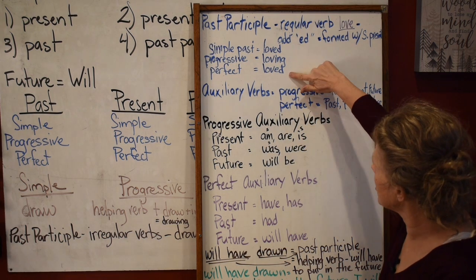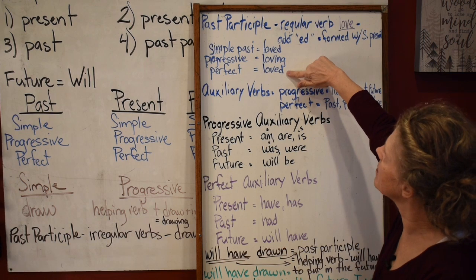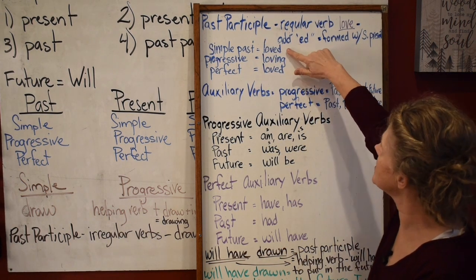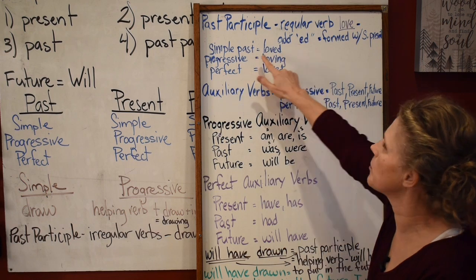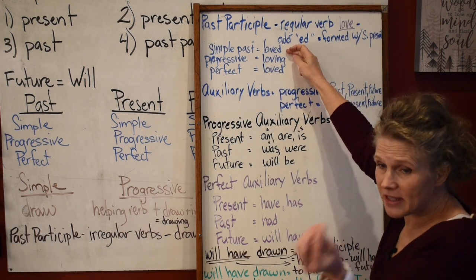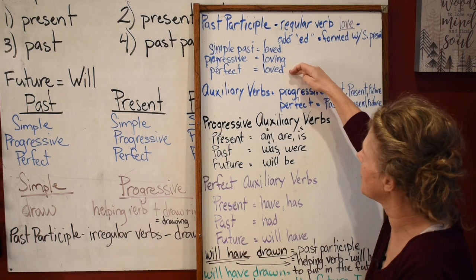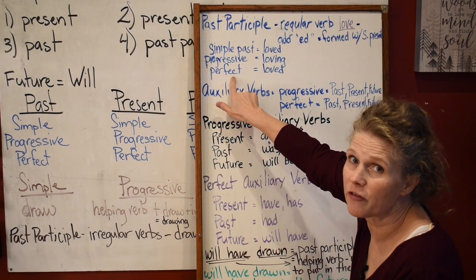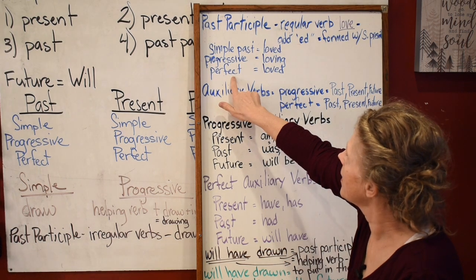Okay? So, now, the perfect auxiliary verbs. We're going to look at the perfect because this right here is the past participle. This is not, because we labeled it simple past. So we know that that's not the past participle. This is the past participle because it's labeled perfect. Okay?